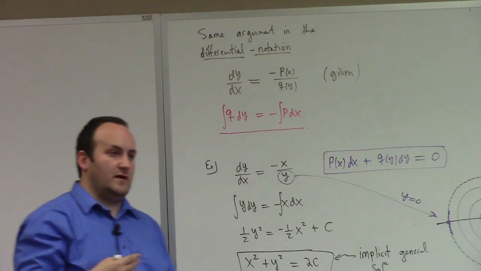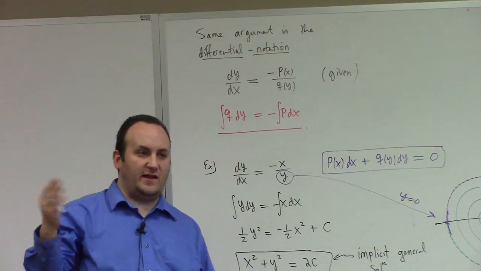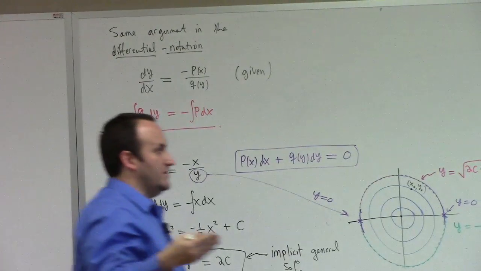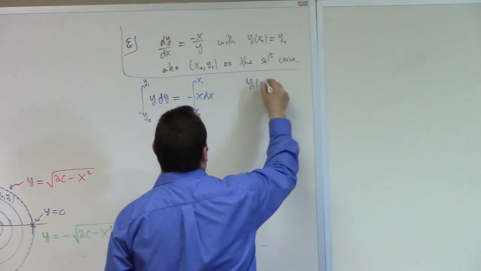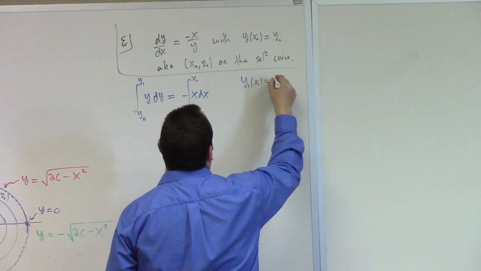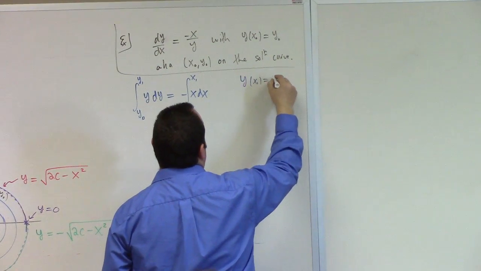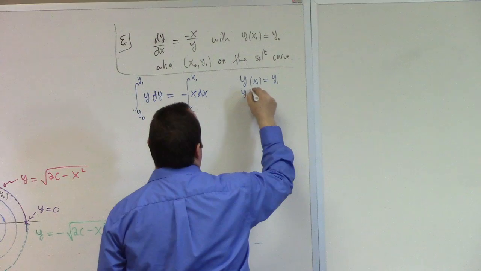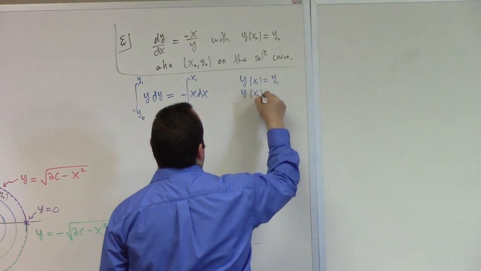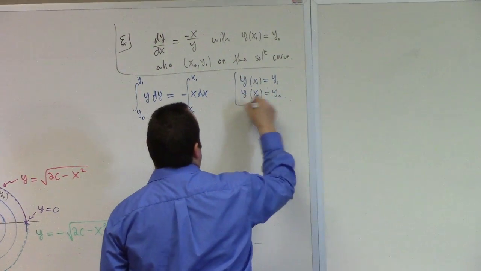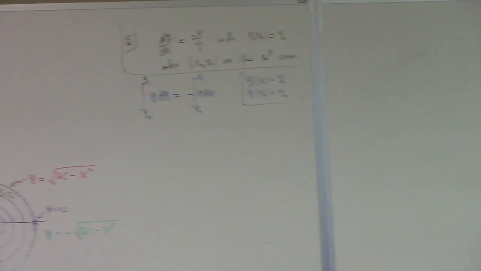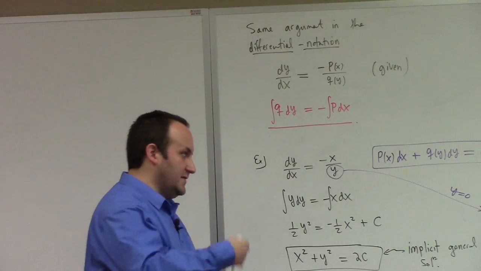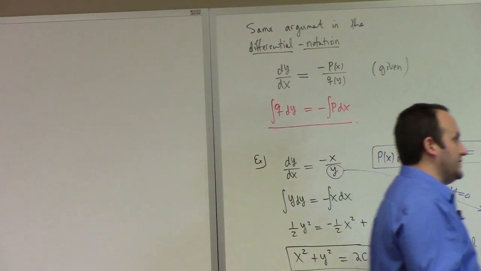Remember, this is just a notation for u substitution. So what do we do when we do u substitution? We change the bounds, right? What's assumed in this is that y of x1 is equal to y1, and y of x naught is equal to y naught. That's the idea here. The reason that's valid is the u substitution theorem, the change of variables theorem.